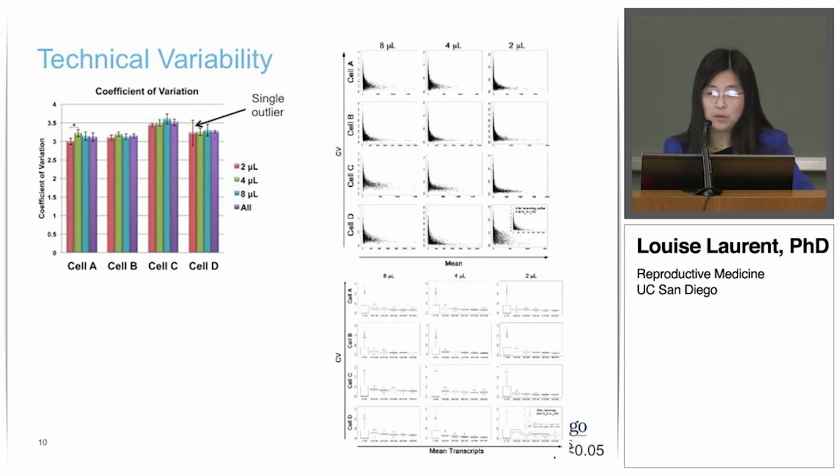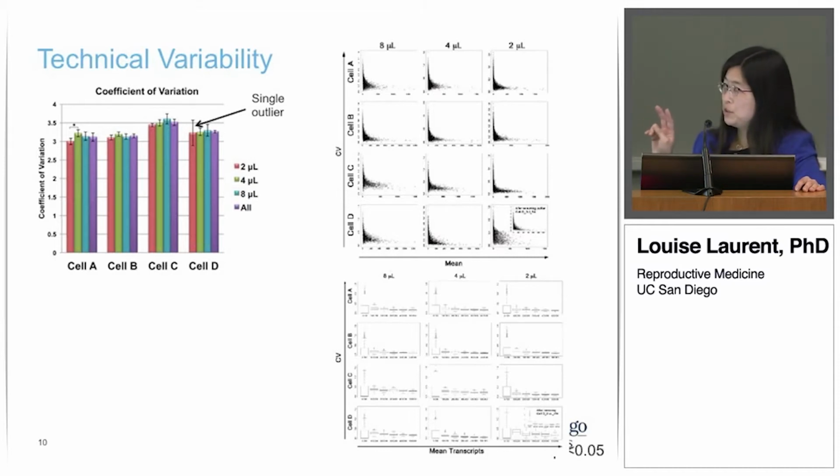So the first thing, of course, to address the reproducibility question was to look at technical variability. So if you can remember from a few slides back, we had 2 cells per stage. So cell A and cell B are from, quote, stage 1, and cell C and cell D are from stage 2. And so what we show here is the reproducibility within each volume, so 2, 4, and 8 microliters for the first 3 bars in each set.